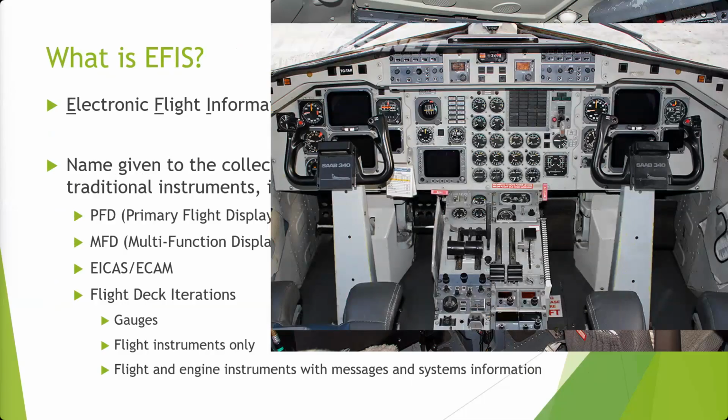So here is an example of that combo. That first one was the gauges. This picture here is the second one, flight instruments only. Okay, so here you can see the primary and secondary flight display behind each pilot's yoke. Now notice what else they have next to those primary and secondary displays.